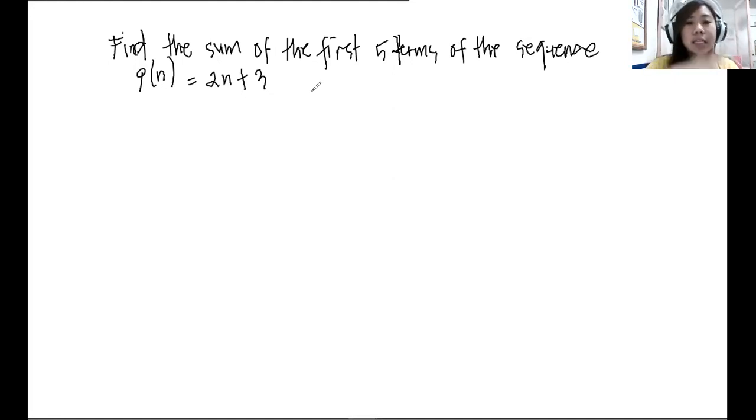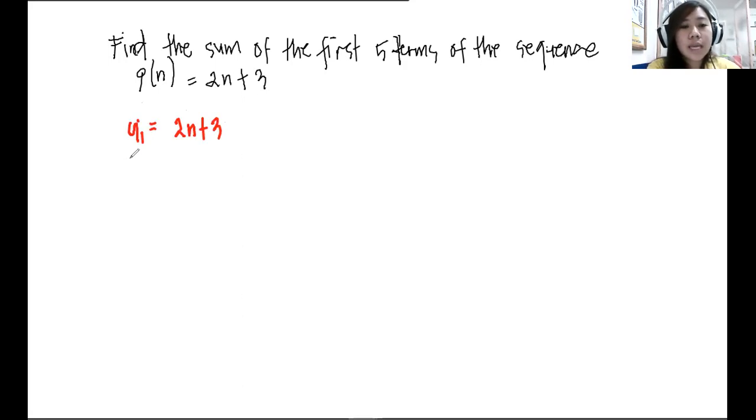So katulad ng mga ginagawa natin ng mga nakaraang examples po, okay, we need to substitute the terms po in the formula. Okay, for example, P of n. So we need to use A sub 1 here. A sub 1 is denoted as first term. So A sub 1 is equal to 2n plus 3.